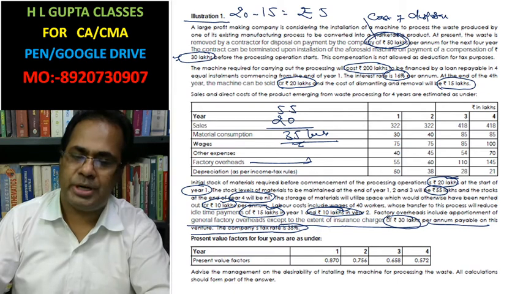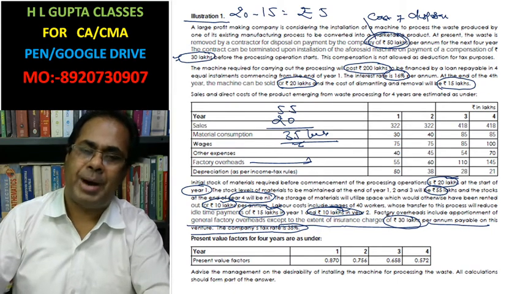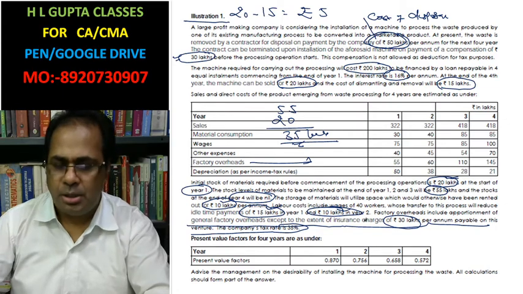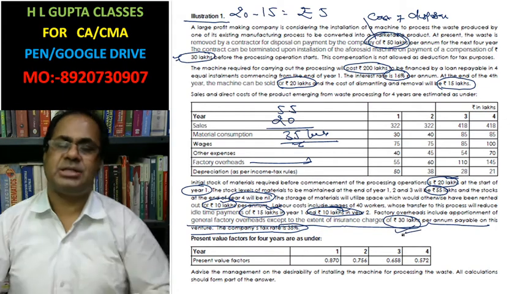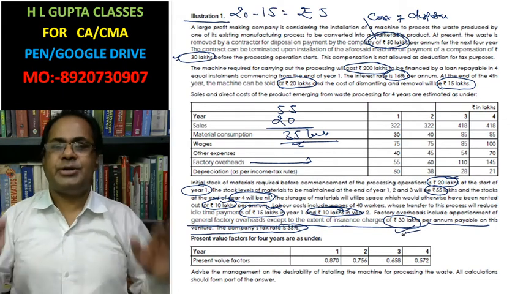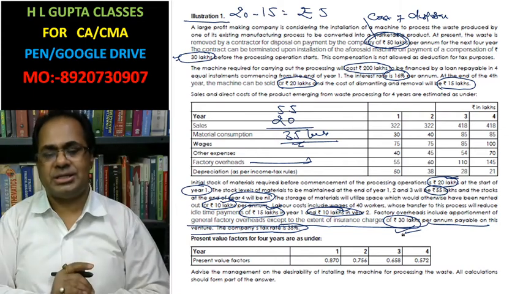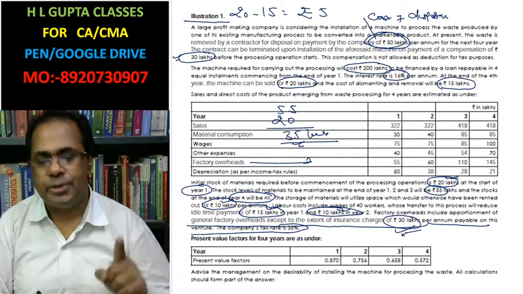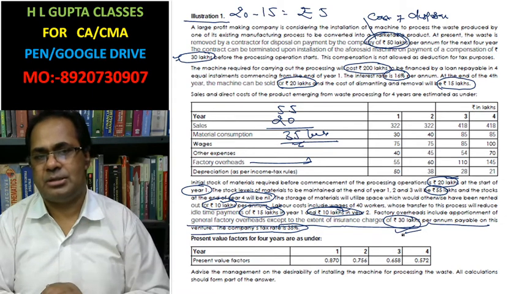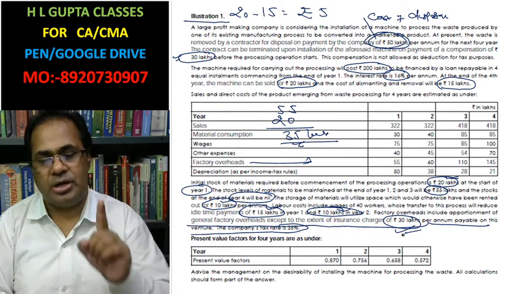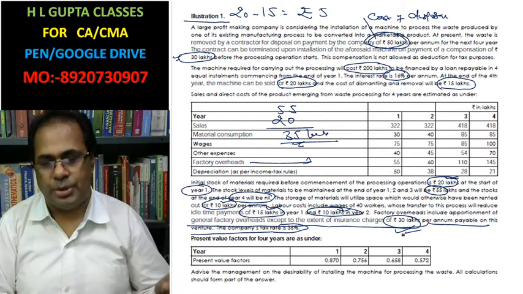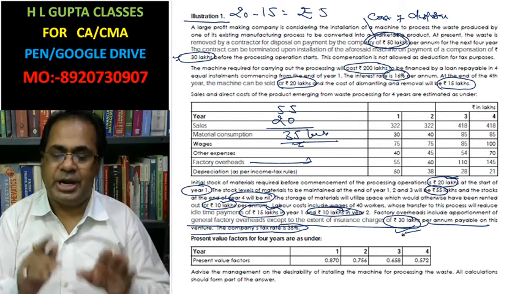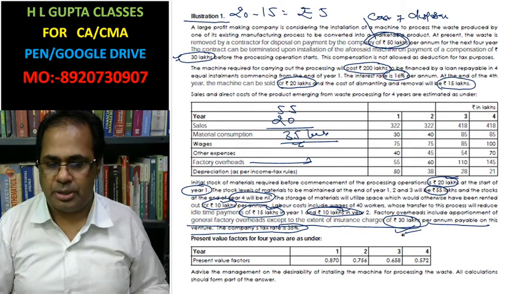Allocation of factory overhead is not considered for the decision making.